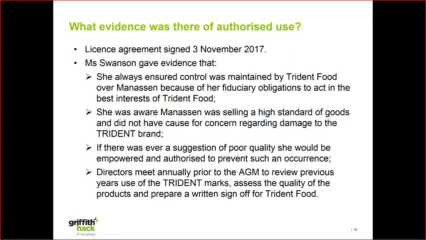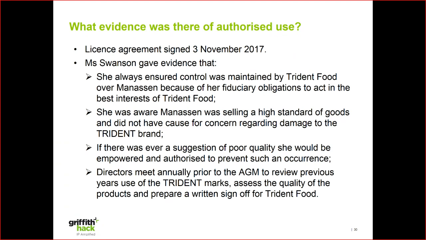But at the end of the day, the authorities have shown us, and we've talked about at least 2 this morning, that the license agreement itself is not enough. So it really came down to the evidence given by the directors, and Ms. Swanson gave some evidence that she thought she could ensure control because she was a director of both of the companies, and she saw that she had a fiduciary obligation to act in the interests of Trident Food.